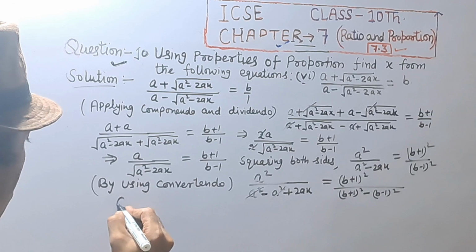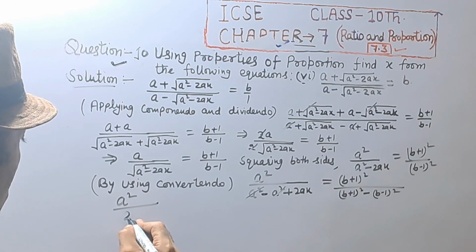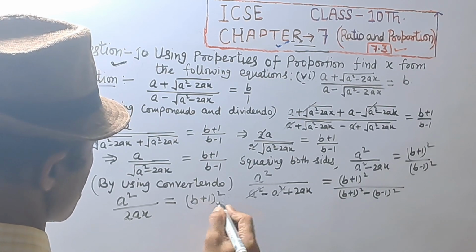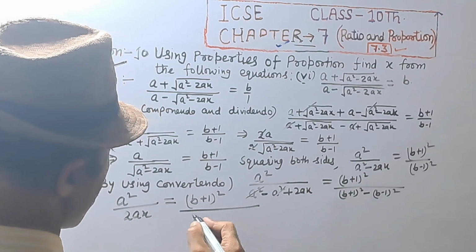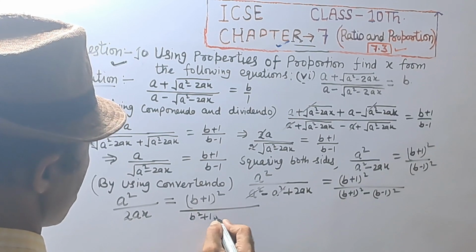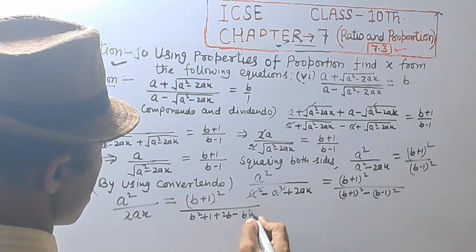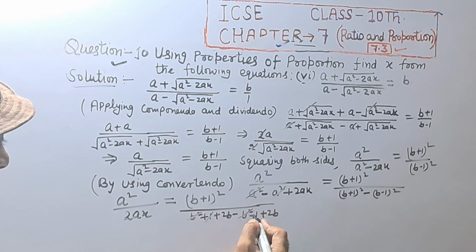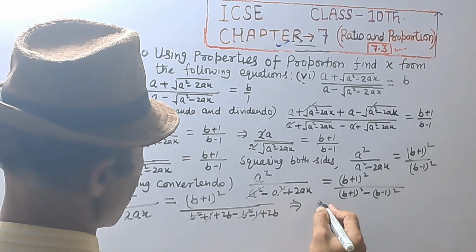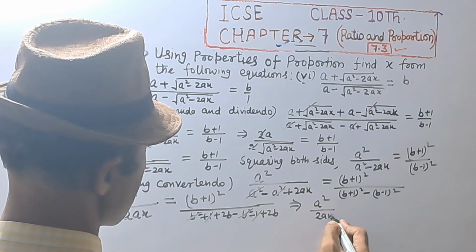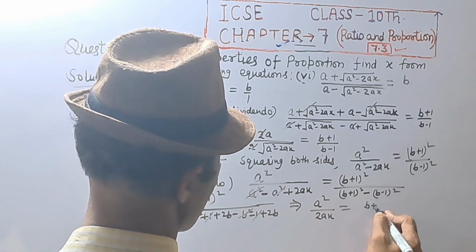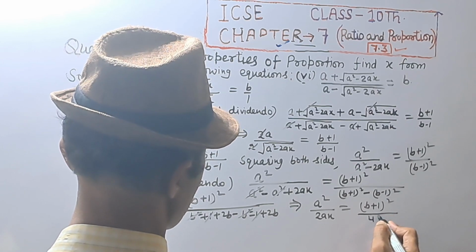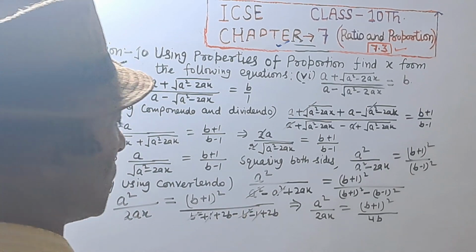This is cancelled, and we get a² upon 2ax is equal to (b + 1)² divided by (b² + 1 + 2b − b² − 1 + 2b). b² is cancelled, 1 is cancelled, which implies we get a² upon 2ax is equal to (b + 1)² upon 4b. 2b plus 2b is equal to 4b.